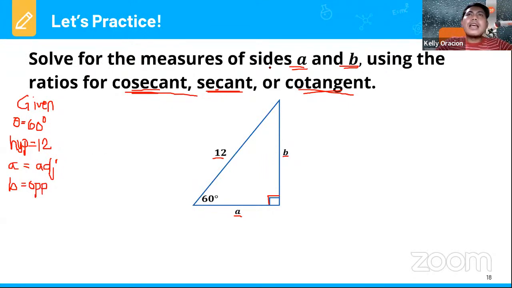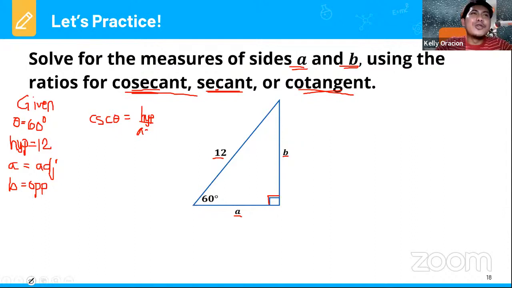That's correct. Now, let's use cosecant. Ano yung formula ng cosecant? Cosecant theta is equal to hypotenuse over adjacent. Ay, opposite. Rather, opposite. Sorry.